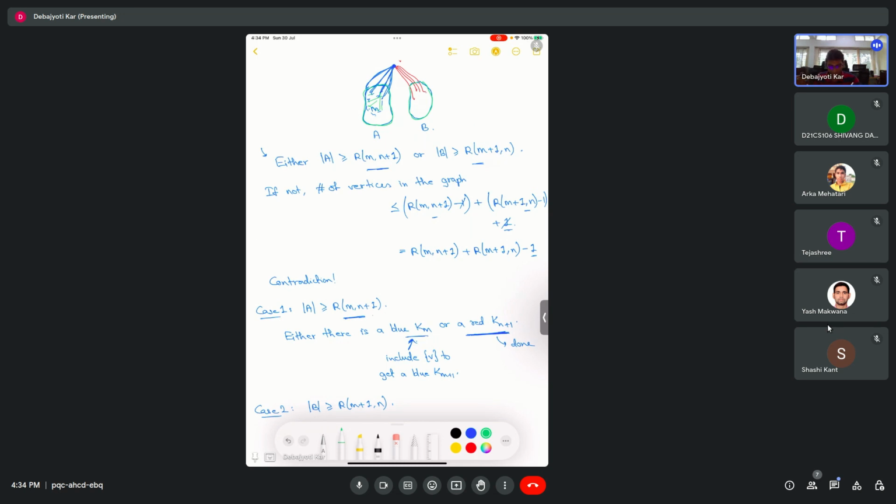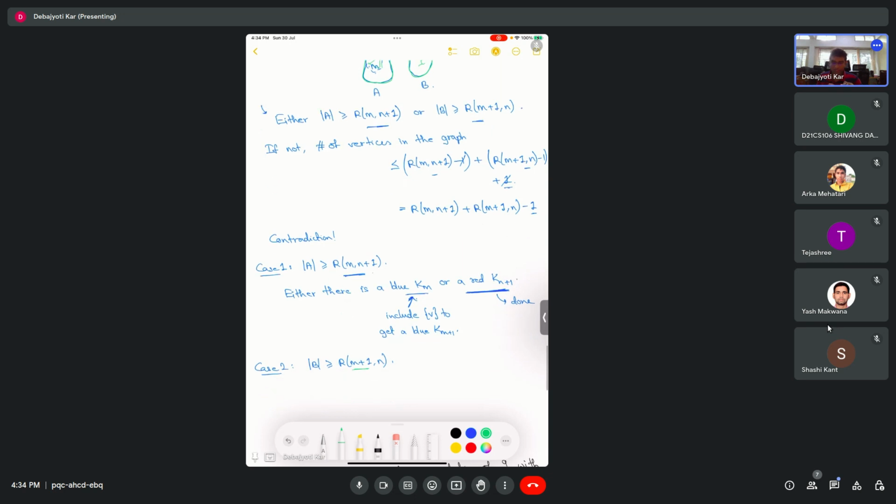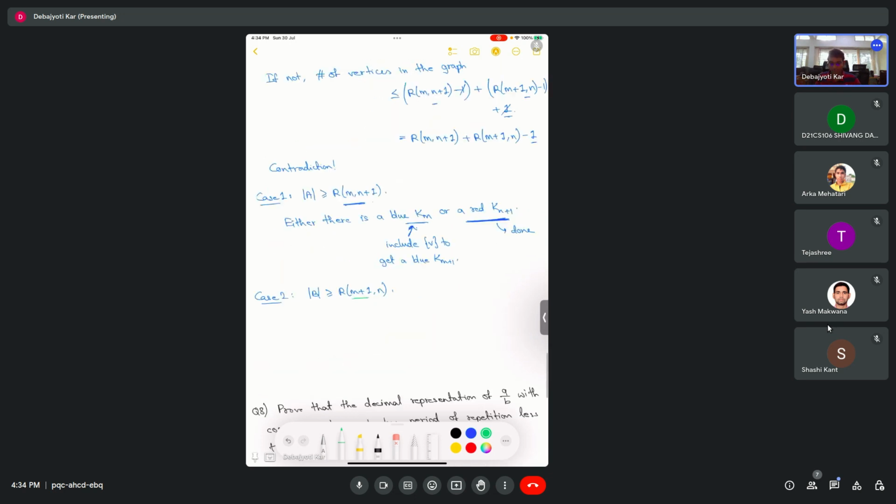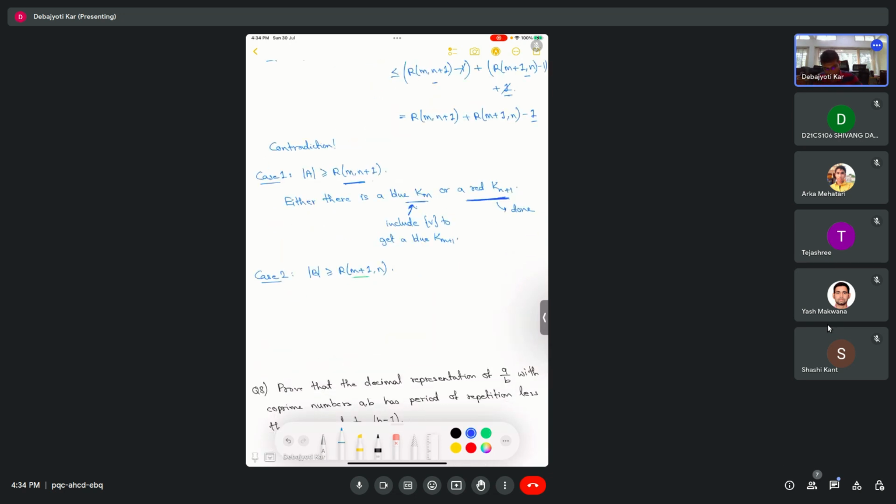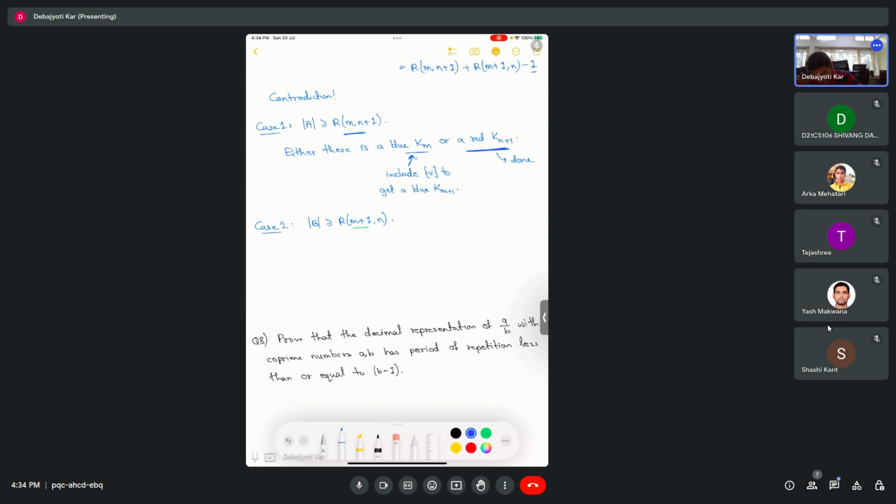And again we do the same thing. If there is already a blue complete graph on m plus 1 vertices, we are done. And if there is a red complete graph on n vertices, then we include v with all these red edges, and we are done. So it's exactly similar, just the opposite thing.